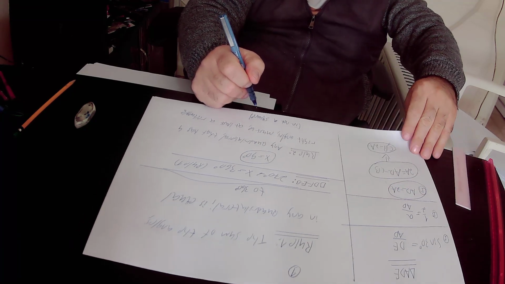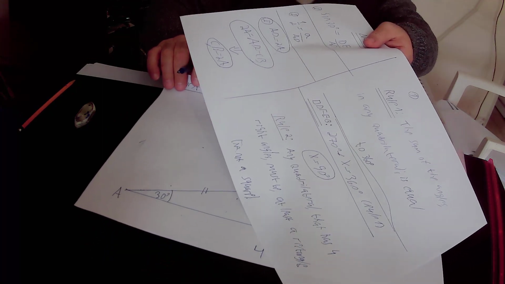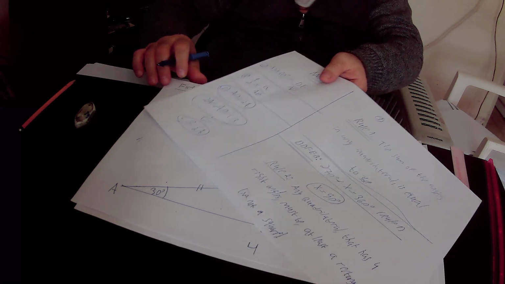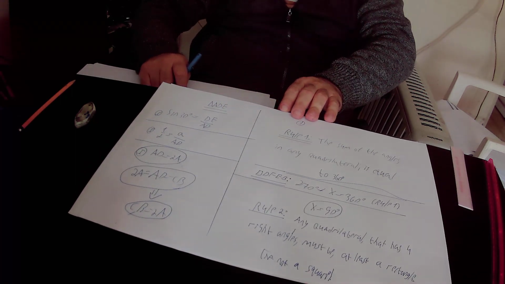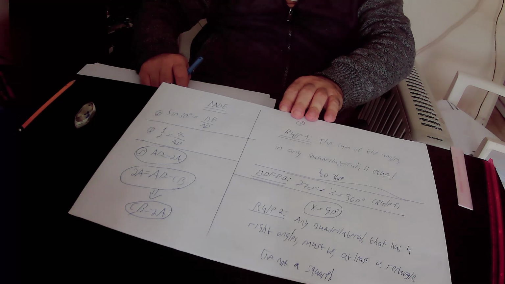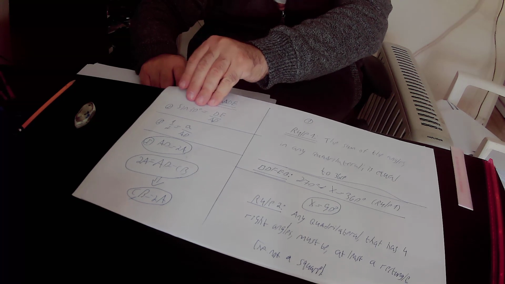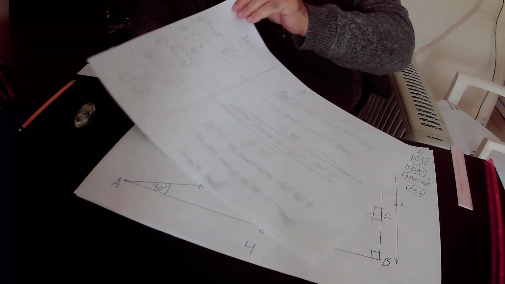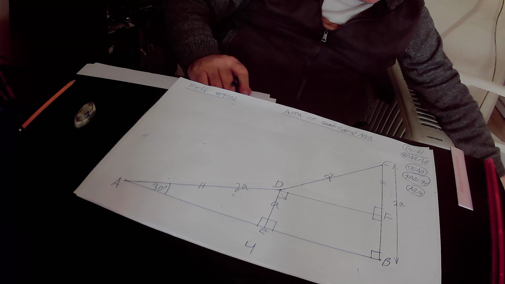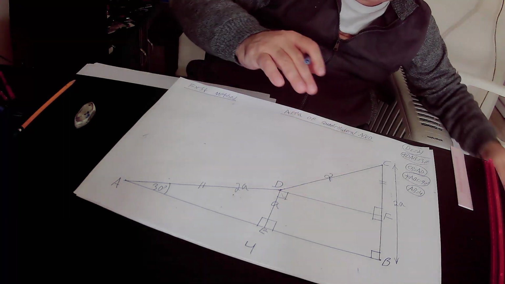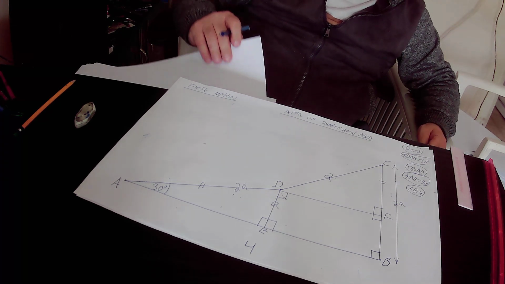I will read rule number 2 again. According to rule number 2, any quadrilateral that has four right angles must be at least a rectangle if not a square. So, according to rule number 2, quadrilateral DFEB is a rectangle because it has four right angles.